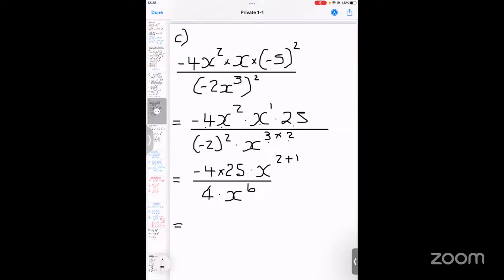So now, what will be -4 times 25? It will be 100.